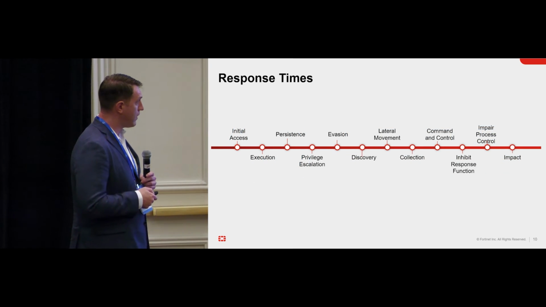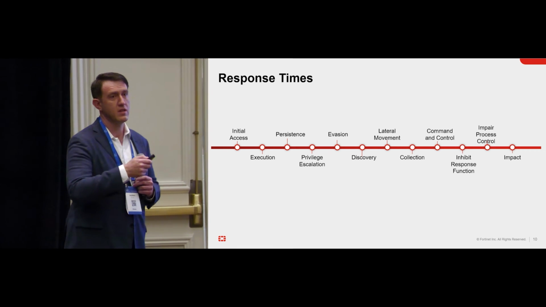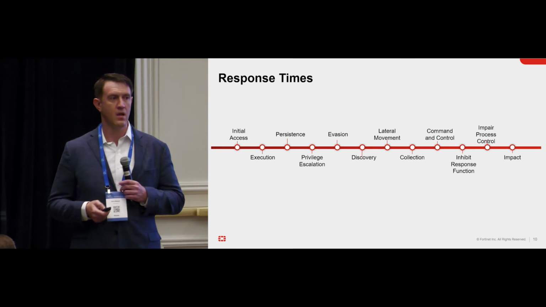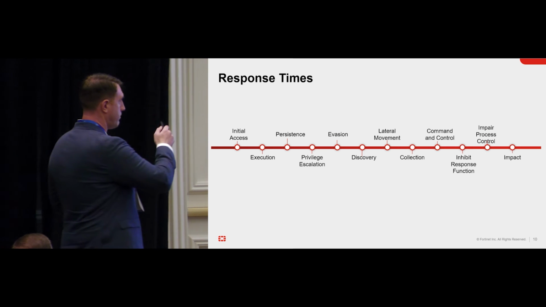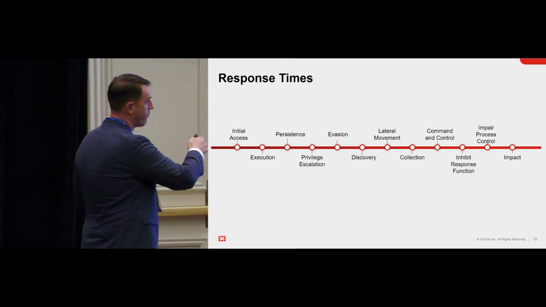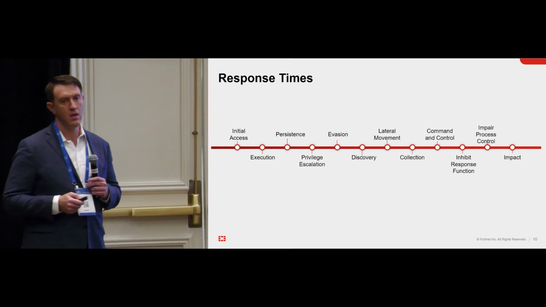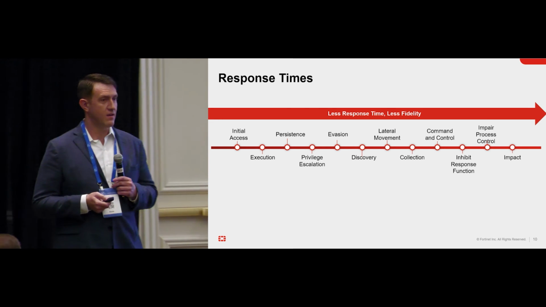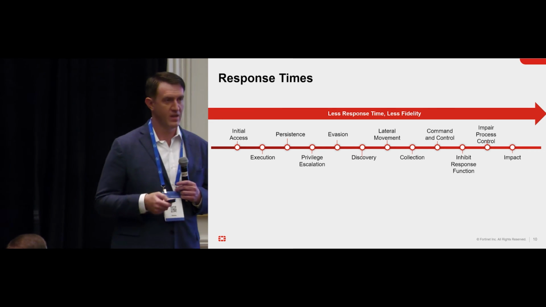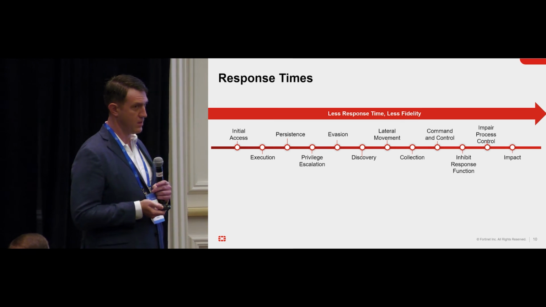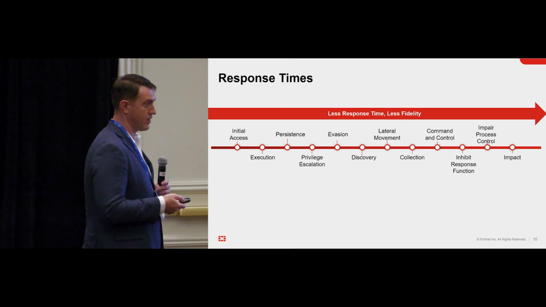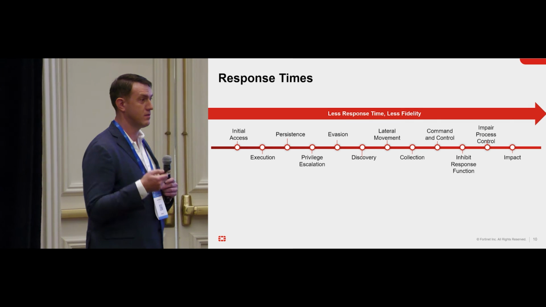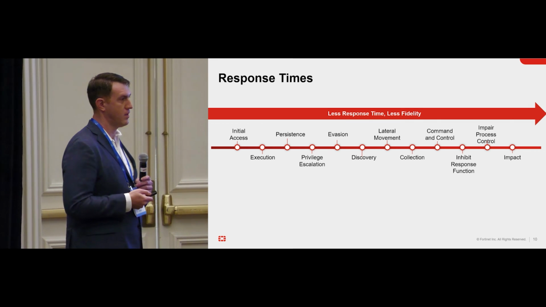And so these are the different columns. If you look at the MITRE ATT&CK for ICS, these are the different actions that you go from initial access to impact, right? And as you move to the right, you're going to have less response time, less fidelity, right? A breaker operating is a very violent response to an issue, right?